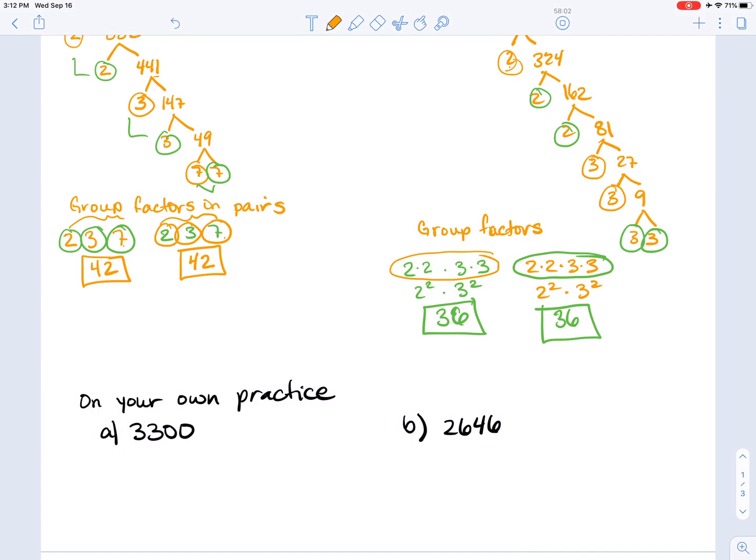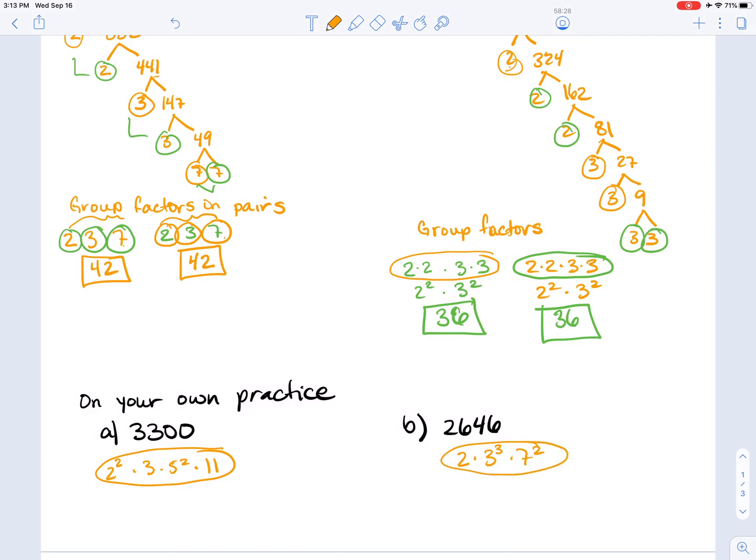Welcome back. You should have gotten, as the prime factors, 2 squared times 3 times 5 squared times 11 for 3300. And for 2646, you should have gotten 2 times 3 cubed times 7 squared.